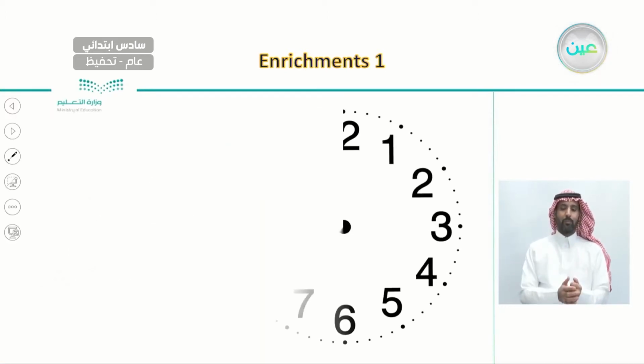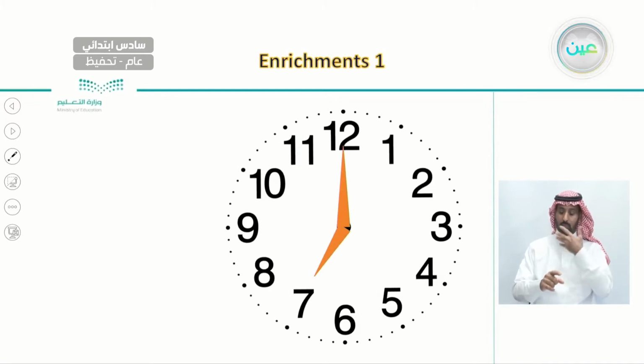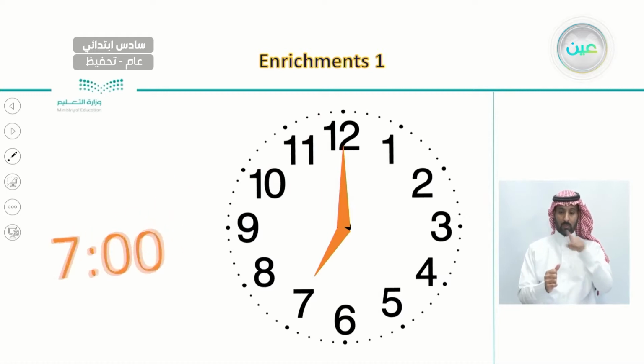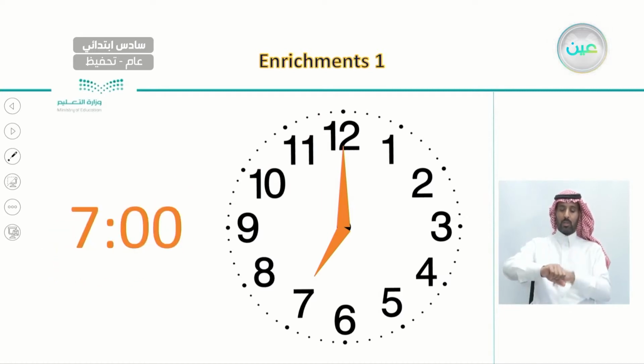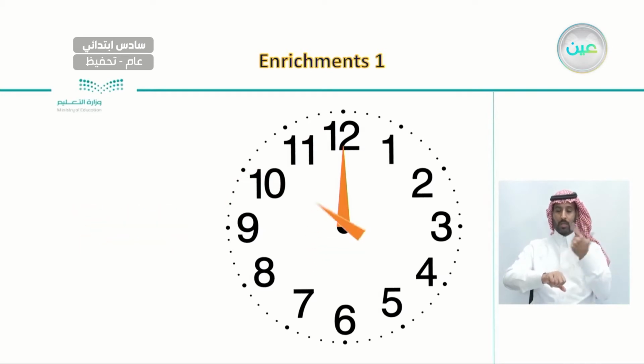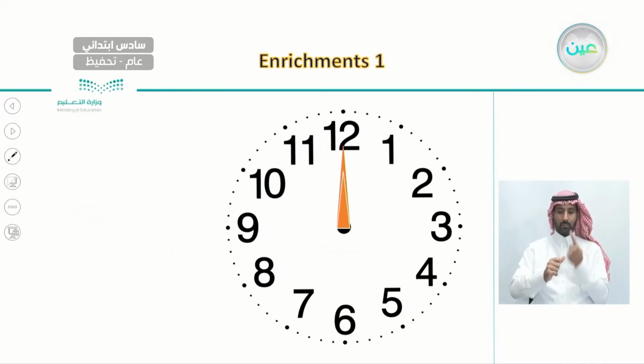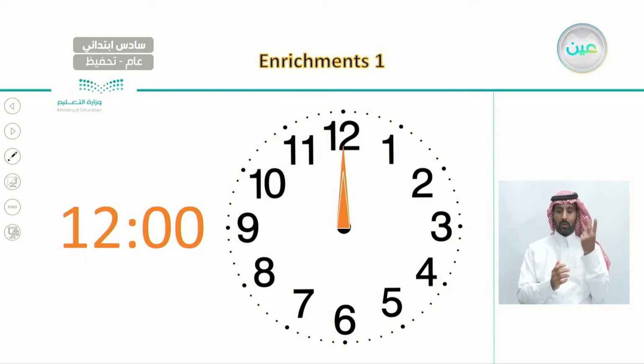So after this, we learn different times. For example, if the clock is like this, we would say it's 7 a.m. And also if it's like this, we would say it is 12.